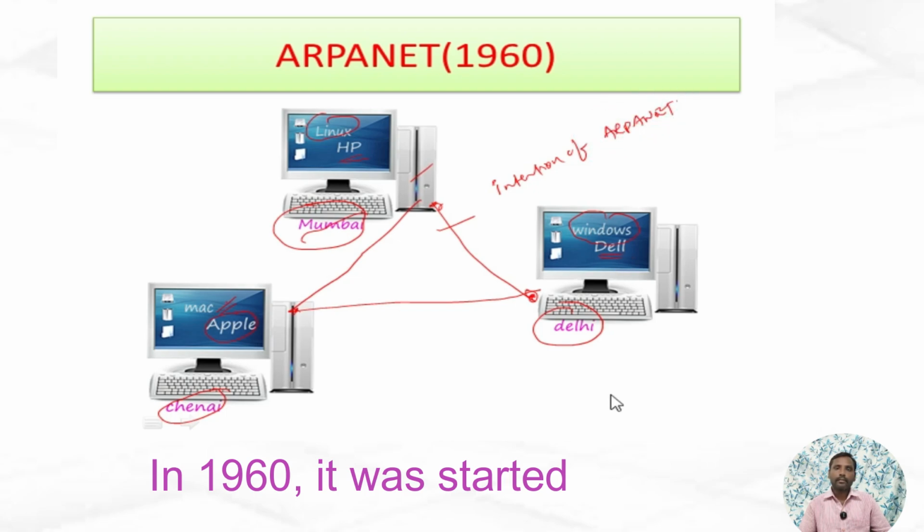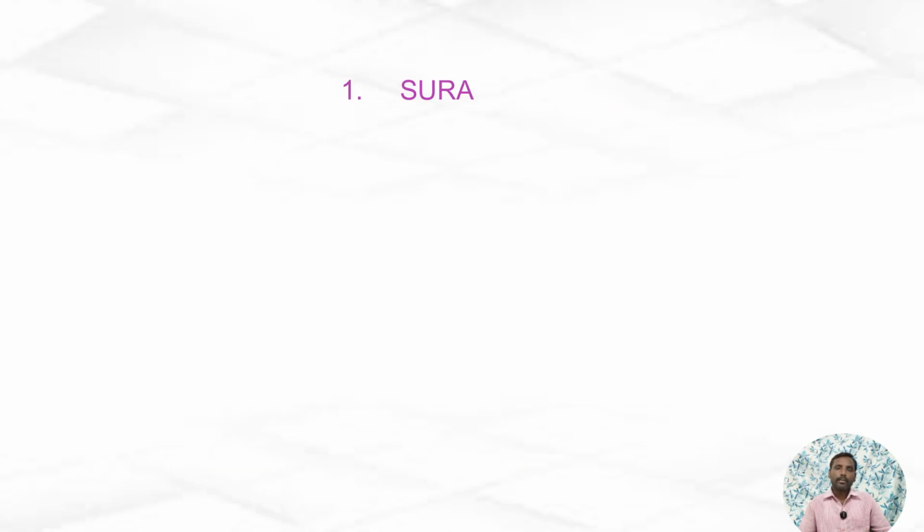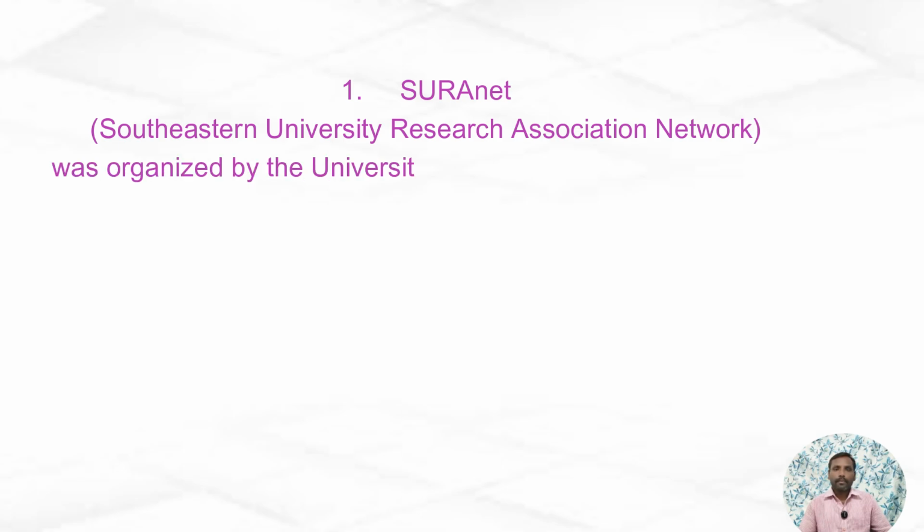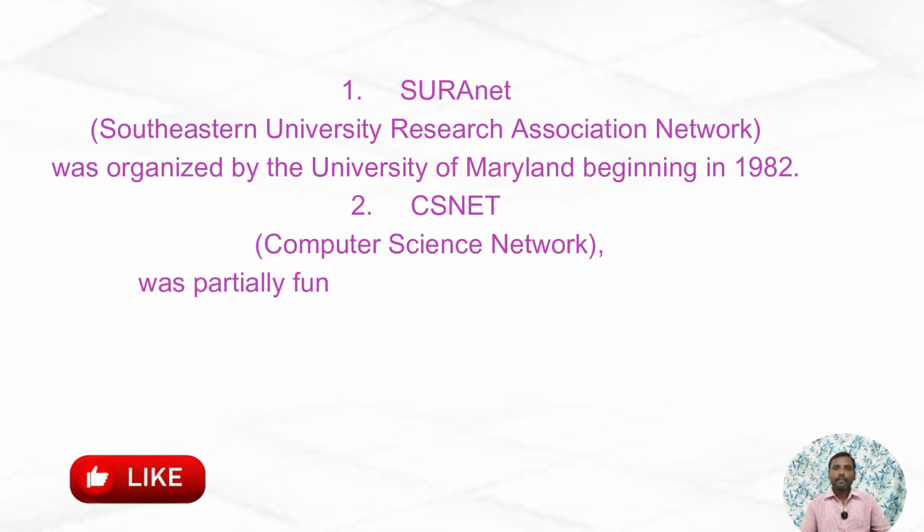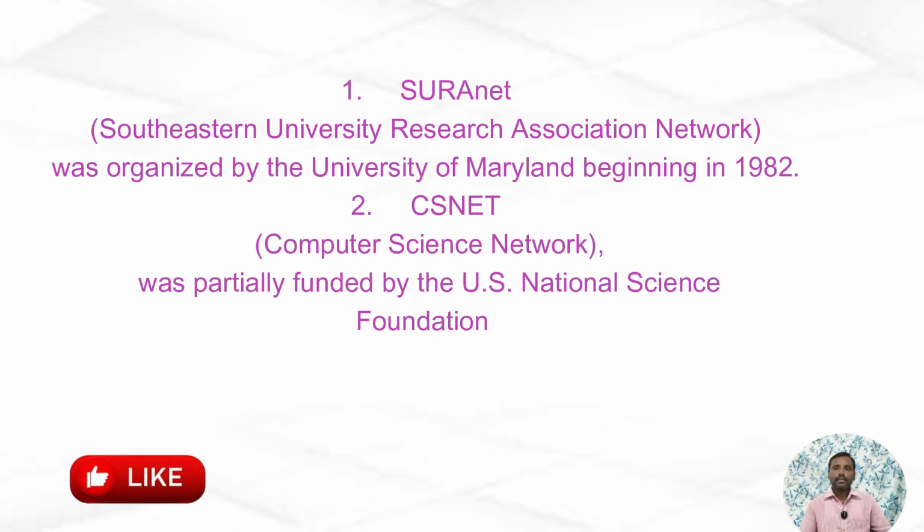At the same time, like ARPANET, there were different networks in the United States. Here we have some networks like SURANet, the Southeastern Universities Research Association network, and the second network is CSNet. CSNet stands for Computer Science Network, which was started by the Computer Science Foundation.